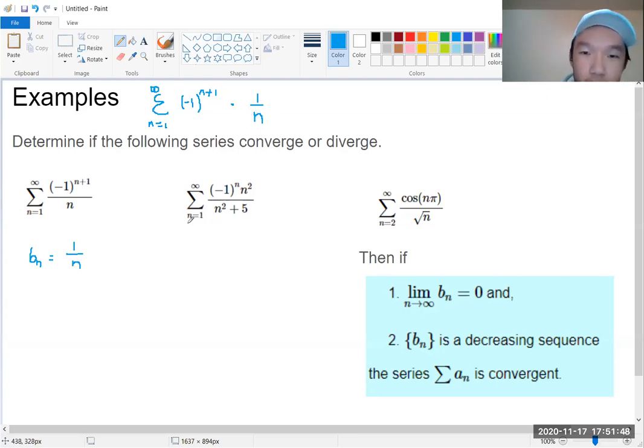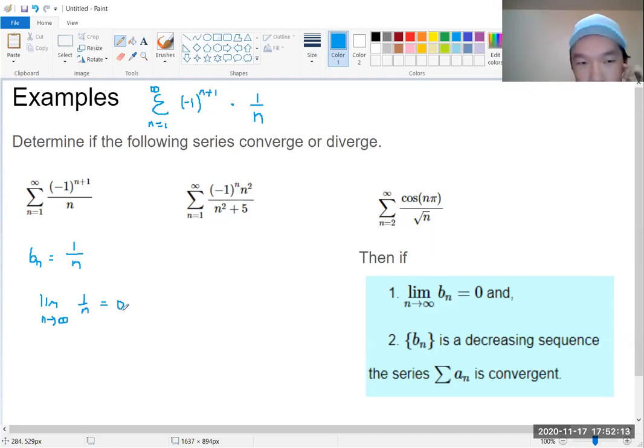Okay. All right. So let's check the two conditions. Number one, does the limit of b of n go to 0 as n approaches infinity? So yes or no? Yes, right? So the limit of 1 over n as n goes to infinity is indeed equal to 0.